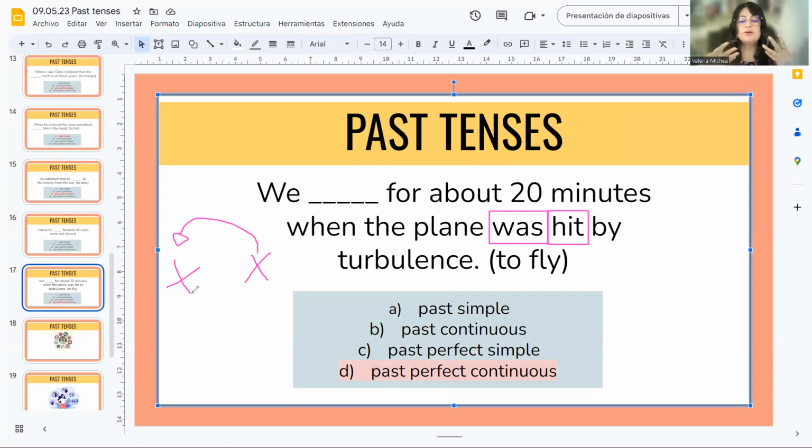We had been having a safe trip or a safe flight, but we were hit by turbulence. So in this one, it sounds better to use the past perfect continuous, because something happened before something else, or something was going on before something else. Right. Do we agree on this one, or do we have some doubts?